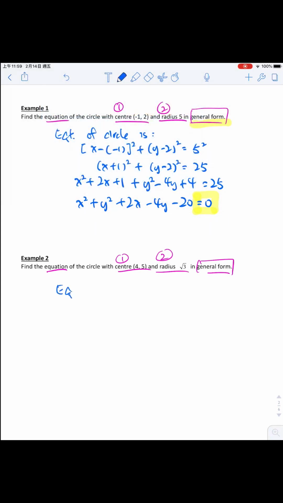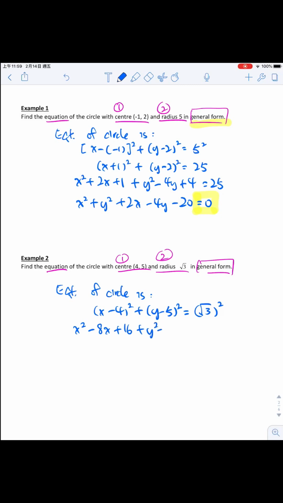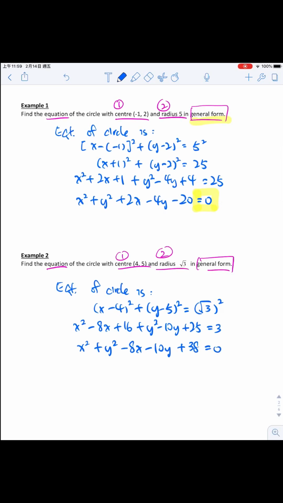Similarly, the equations of circle we first express in standard form, and then we try to simplify and we write into general form. This is the equations of circle in general form, with one side equals 0.